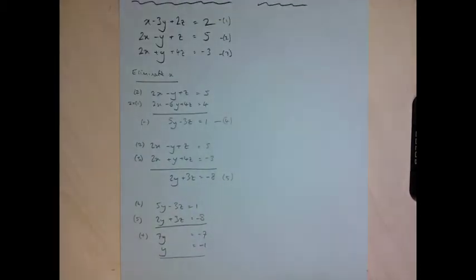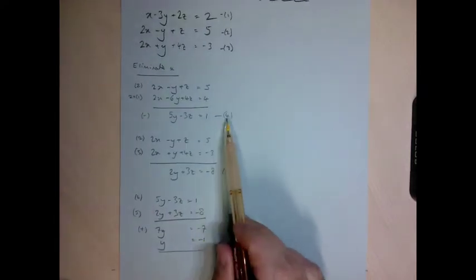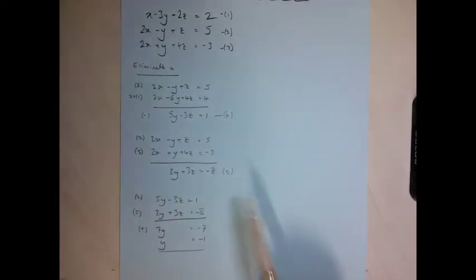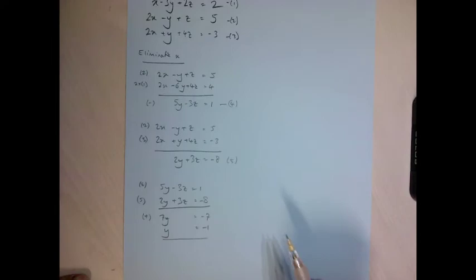So I've got one of the variables out. At that point, I can go back to either 4 or 5 and find z, and then go back to any of the original equations to find x. If you want to follow that through for yourself, check that z is minus 2 and x is 3 are the solutions to that system of equations.